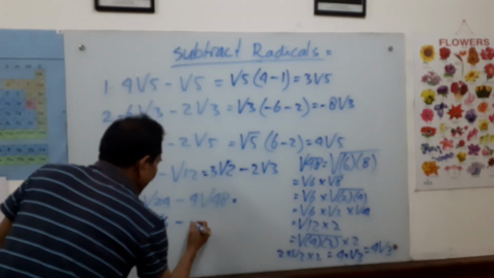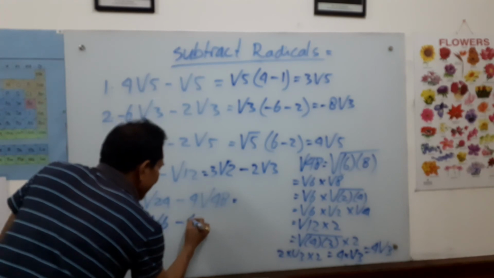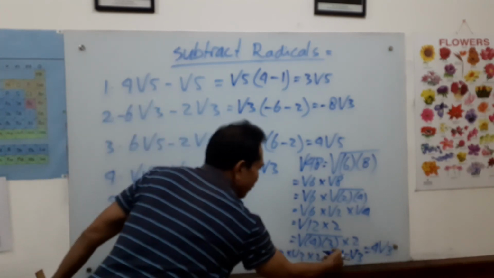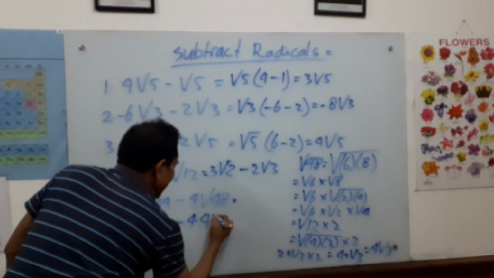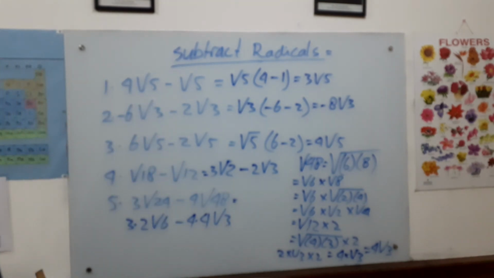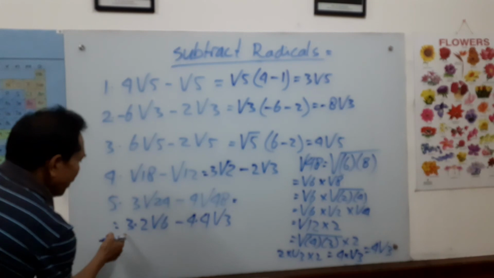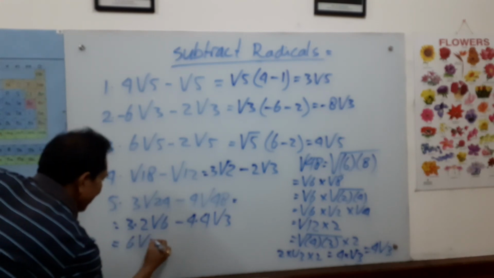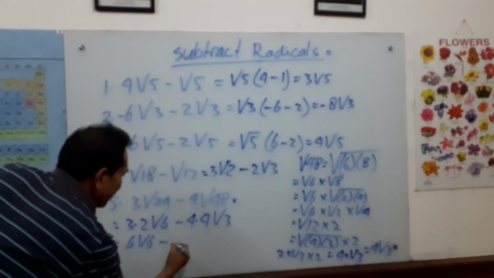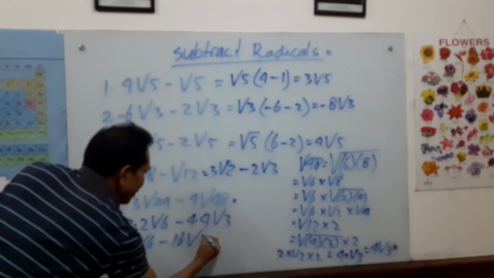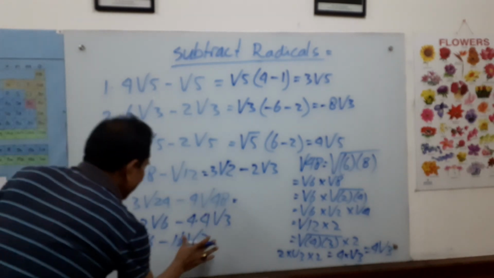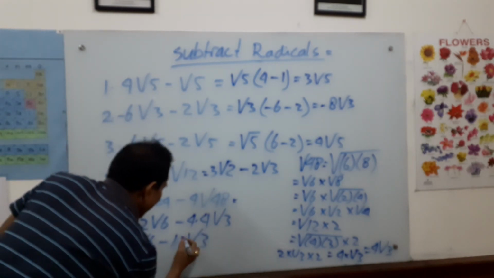Okay, so we have 4 here. So 4 times 4 square root 3. So what we have here, 3 times 2 is 6 square root 6, minus 4 times 4 is 16 square root 3.